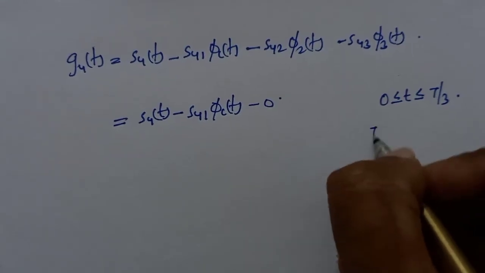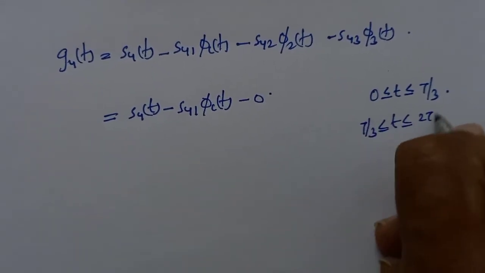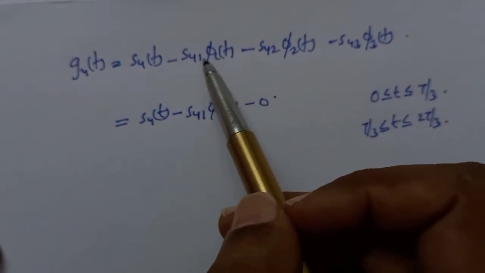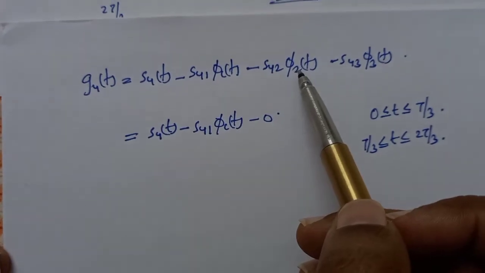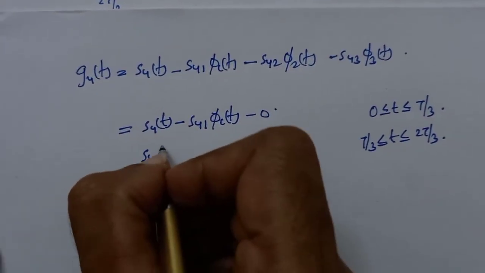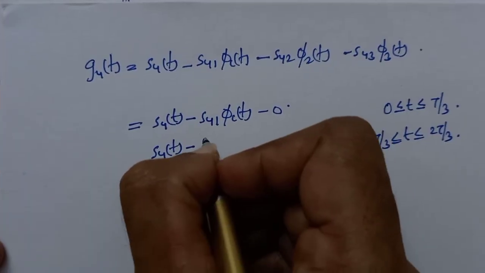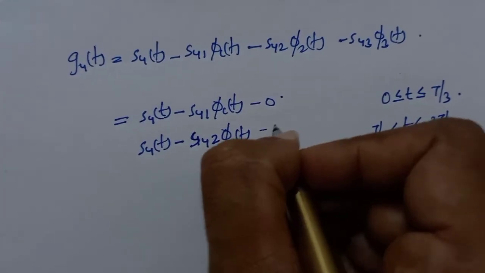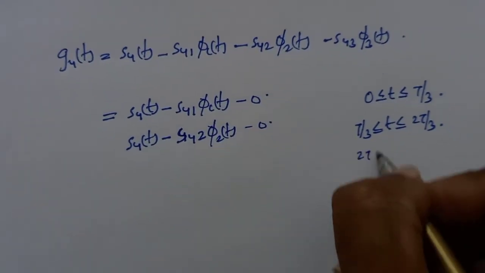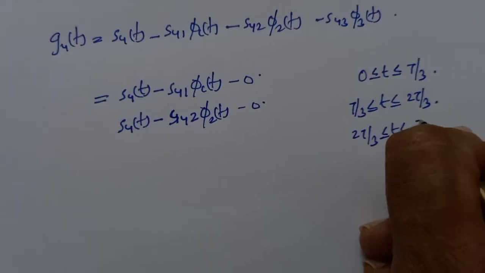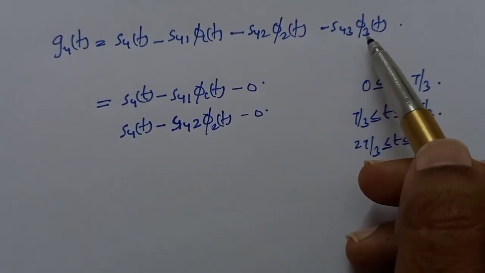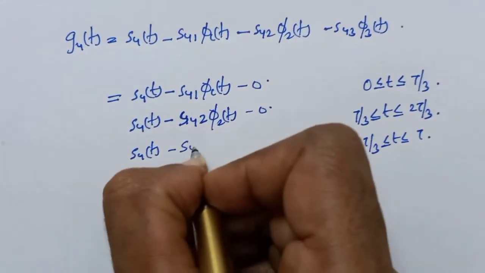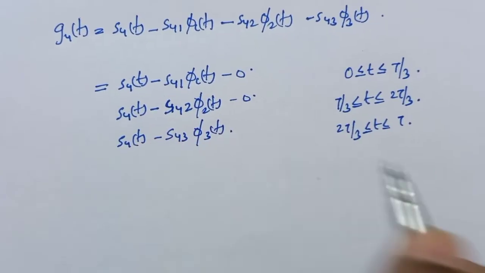From T by 3 less than or equal to t less than or equal to 2T by 3, we know that φ1 is absent and φ3 is absent, only φ2 is present. So I will write it as s4(t) minus s42 φ2(t), again minus 0. Now from 2T by 3 less than or equal to t less than or equal to T, only φ3 is present, φ1 and φ2 are absent. So this will be equal to s4(t) minus s43 φ3(t).